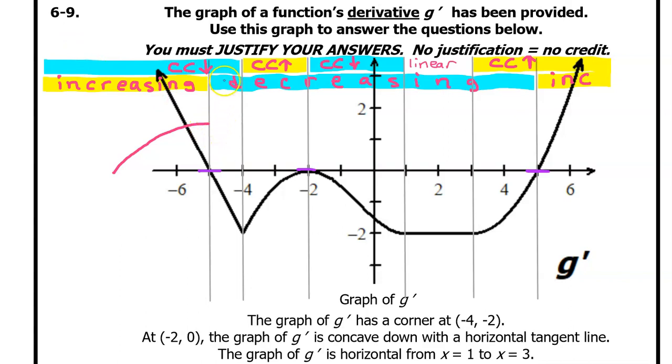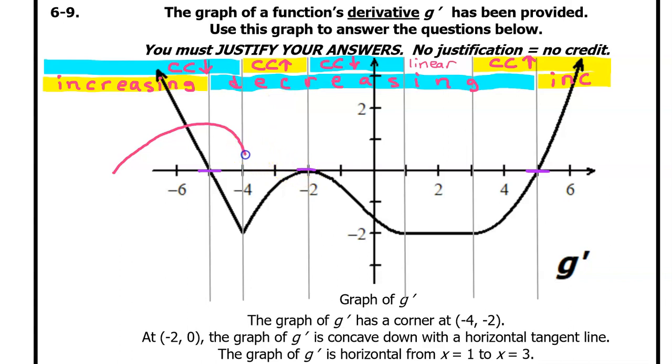In the next interval, we are decreasing and concave down. No horizontal tangent line required. So decreasing and concave down. In the next interval, we are still decreasing but concave up and ending at a horizontal tangent line.